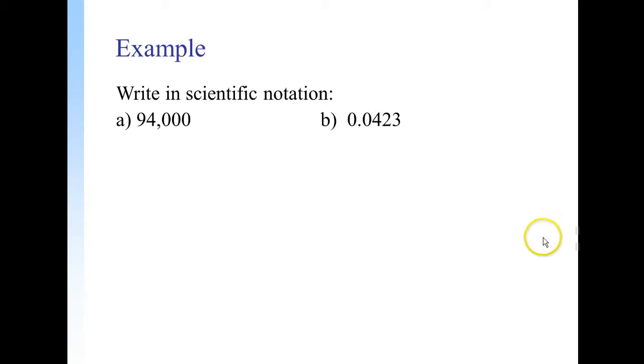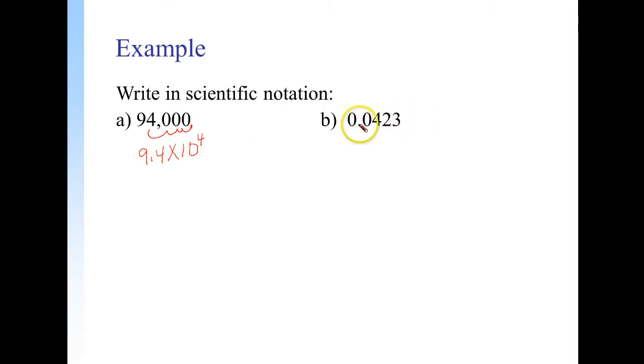And now to write in scientific notation, here the decimal place is right there. 1, 2, 3, 4, 9.4 times 10 to the 4th power. You moved it 4 decimal places.